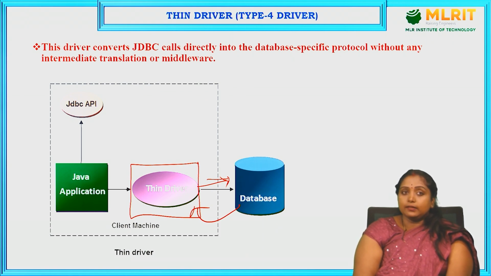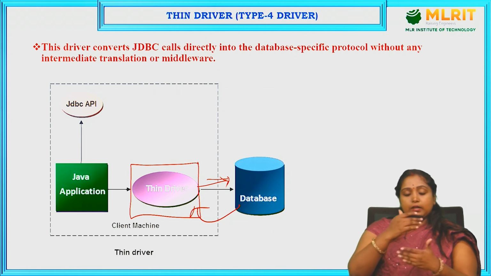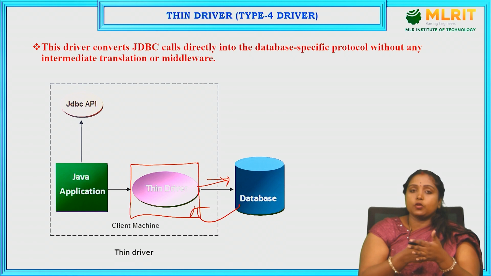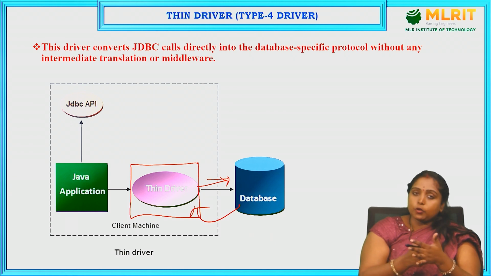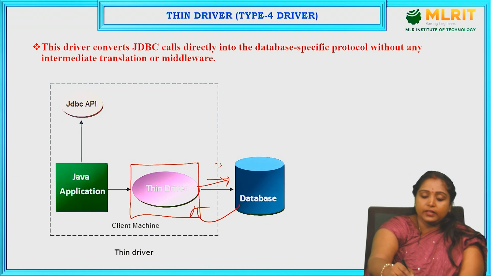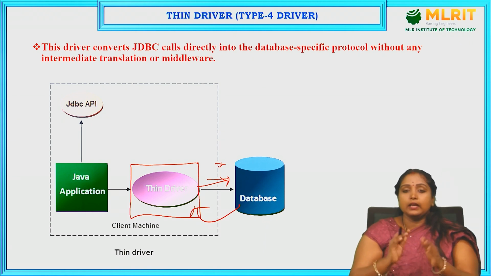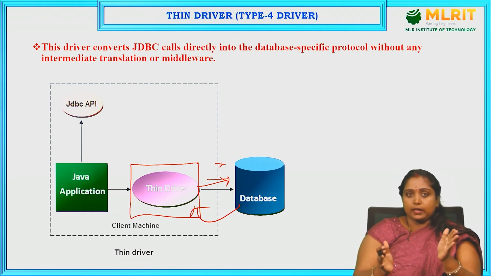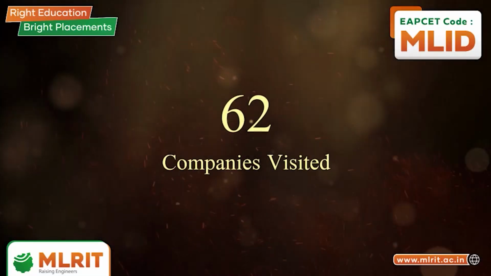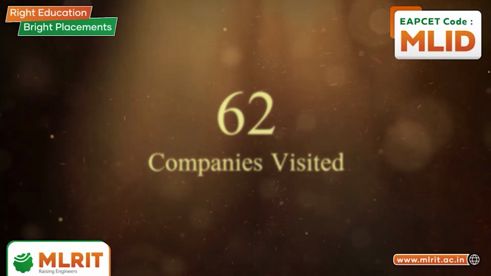Of the four drivers, first there were JDBC-ODBC and native API, then network protocol layer. When it comes to the thin drivers, there is no middleware service used to connect JDBC and the database. Here you can connect directly. So this was the thin drivers.